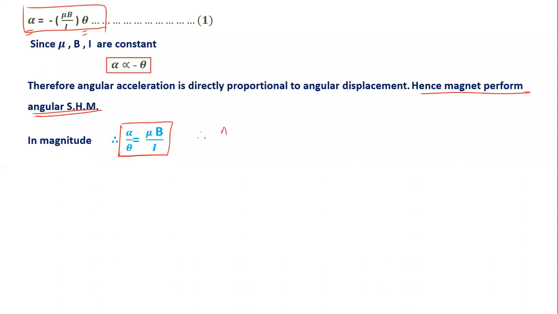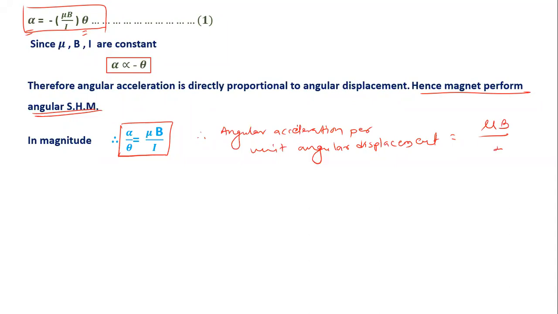Hence we can write angular acceleration per unit angular displacement is equal to mu into B divided by I.